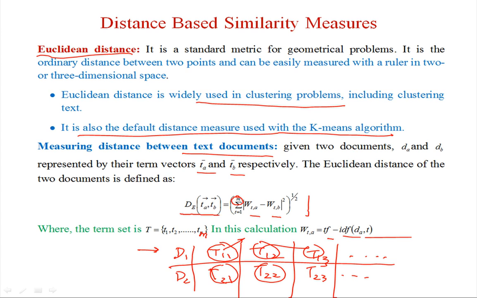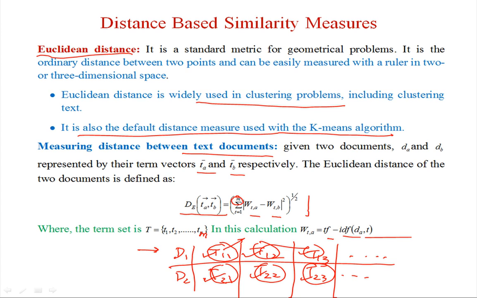Now, the Euclidean distance will be, suppose this term TA occurs in the document, and again the matching terms. Suppose this term matches, then we can identify the matching of IDF score.